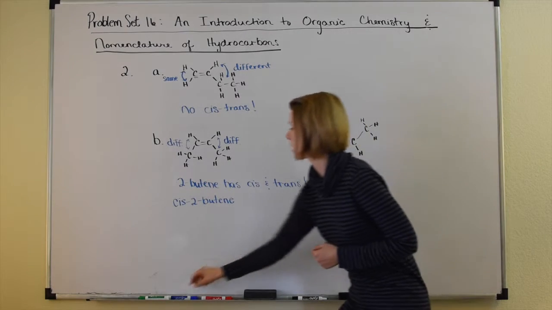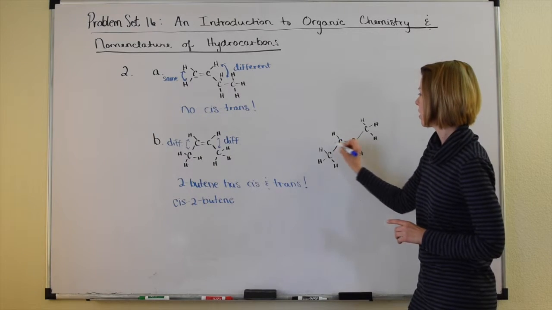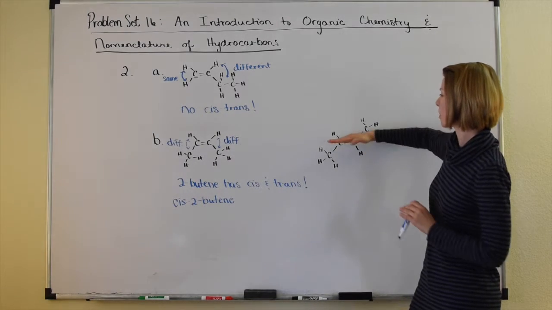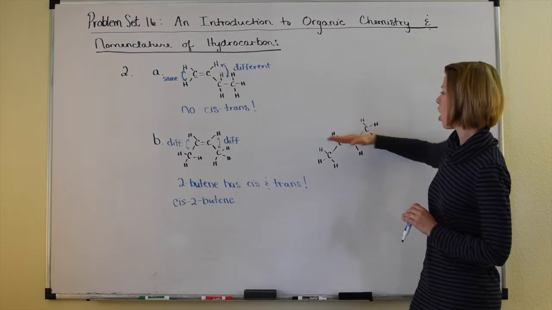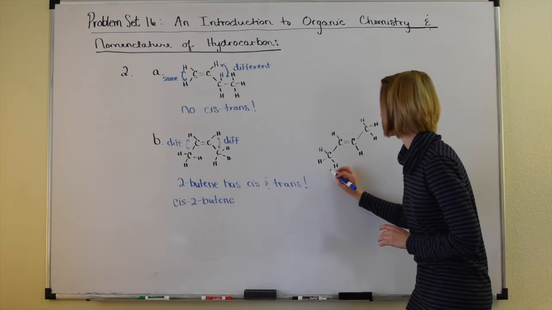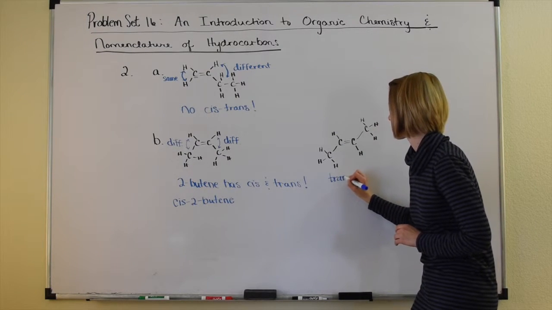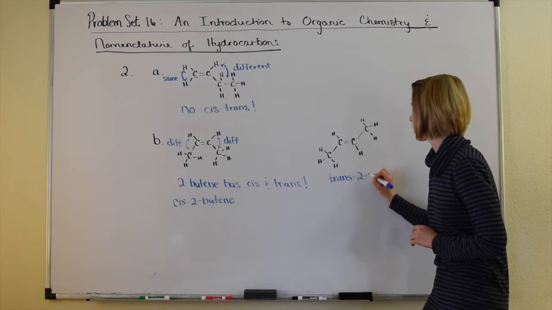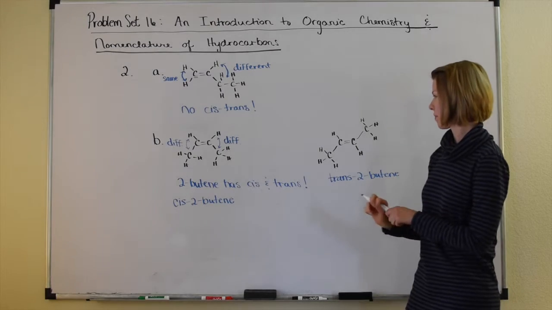And I'll label it again in blue. Okay, so again, look through the carbon-carbon double bond, and the largest substituents are on opposite sides. Okay, so this is the trans geometry. Trans 2-butene. Okay.